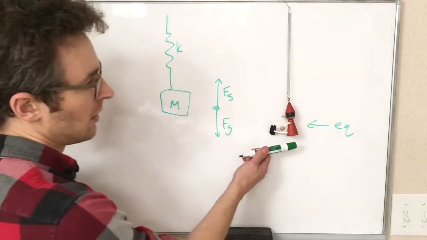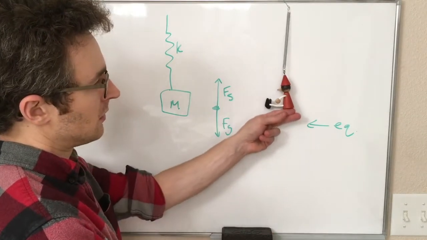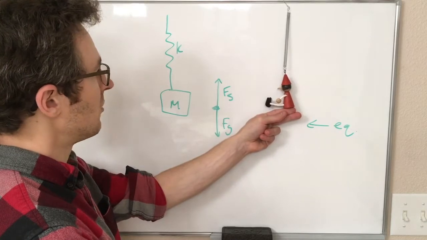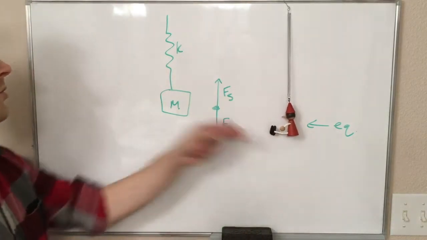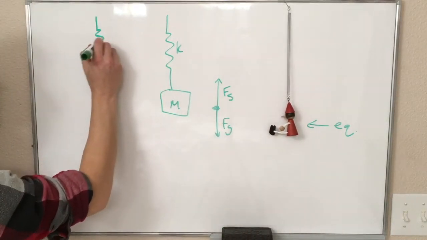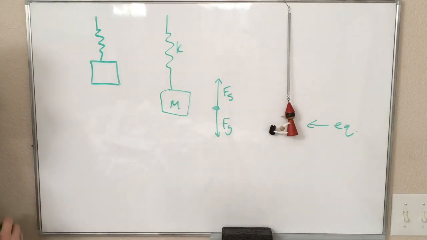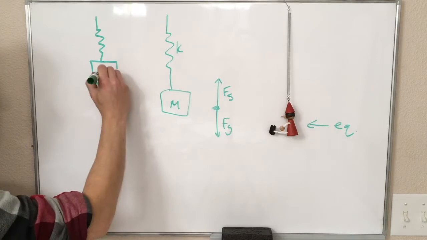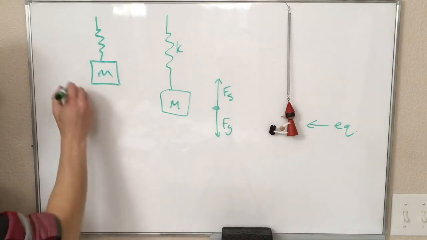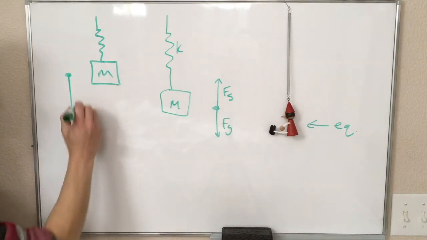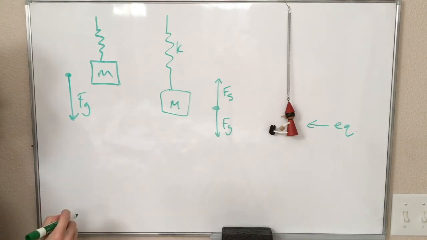Now, what happens if we displace our object from its equilibrium position? So let's say I take it and I lift it up a little bit. So what have I done to my system? Well, I've shortened the spring and raised the mass. Now, the force of gravity depends on how big the mass is, and that hasn't changed, right? My force of gravity is still the same size.